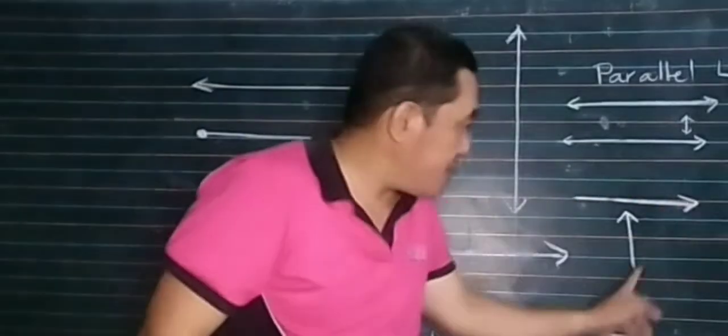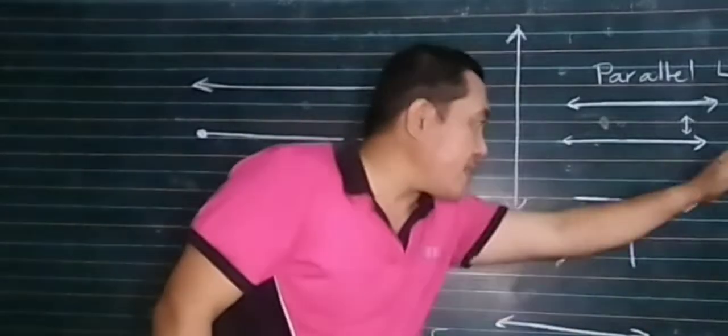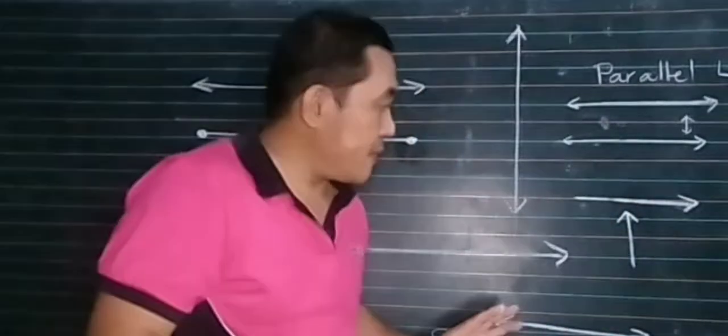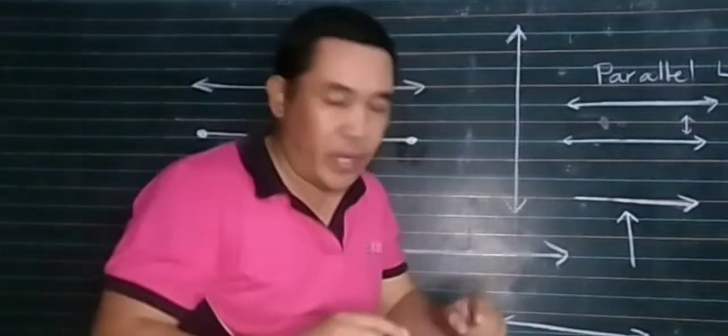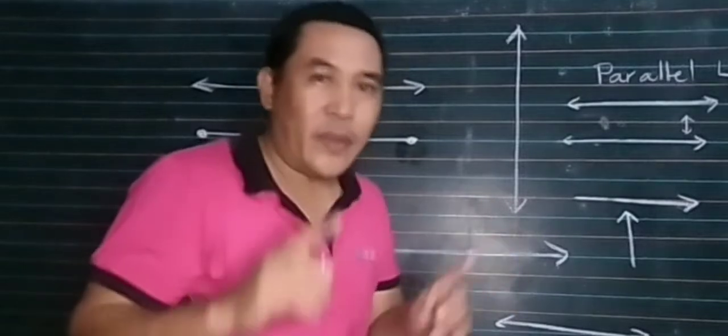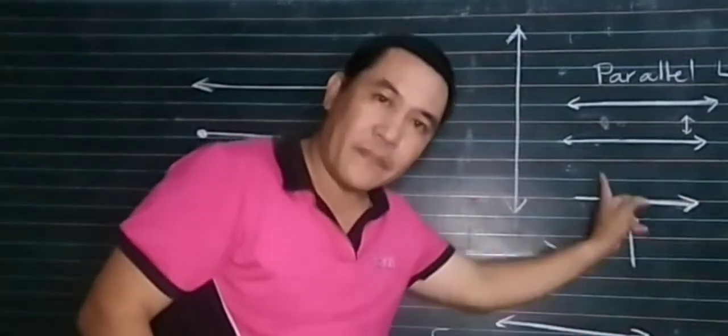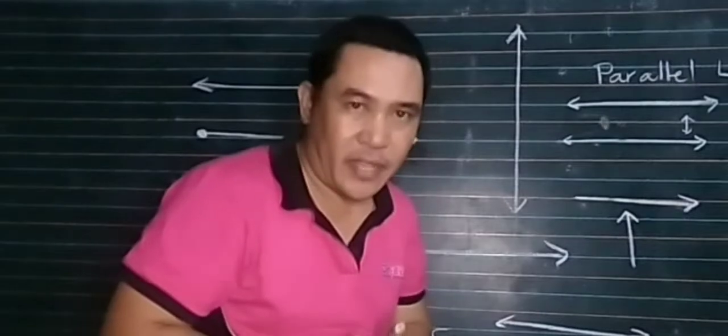These lines here, the other one going to the right, the other one going up, are called intersecting lines. They will meet each other.